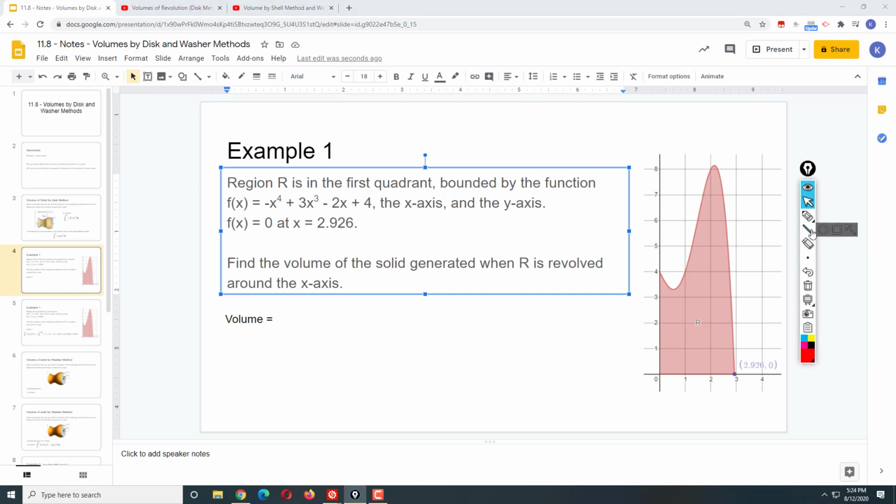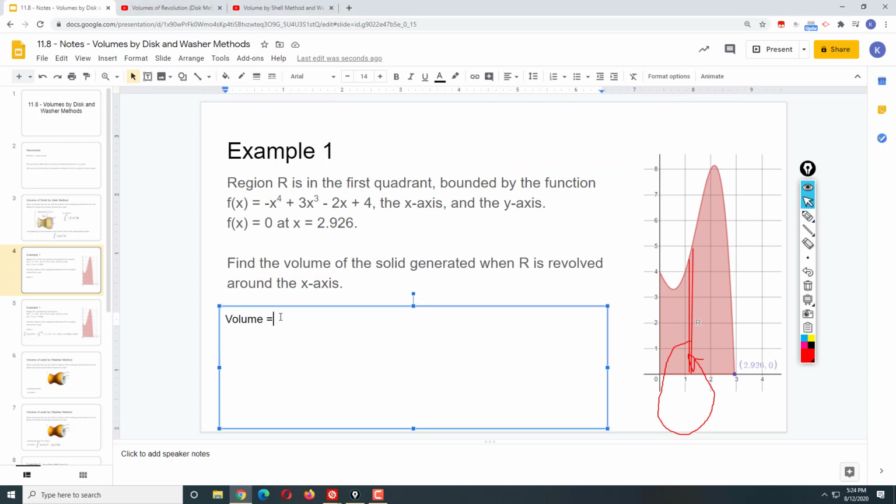So what's happening? This area R is going to be revolving. Each of these disks are going to revolve around the x-axis, making a circle. We want to find the volume. So the volume has to be the integral of pi f of x squared dx from a to b.